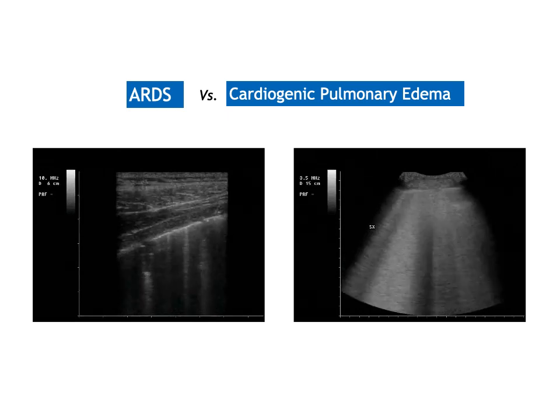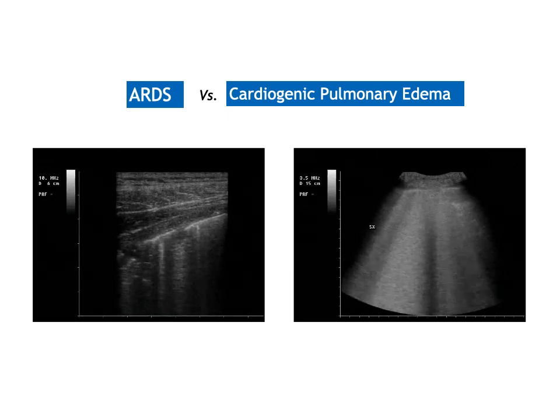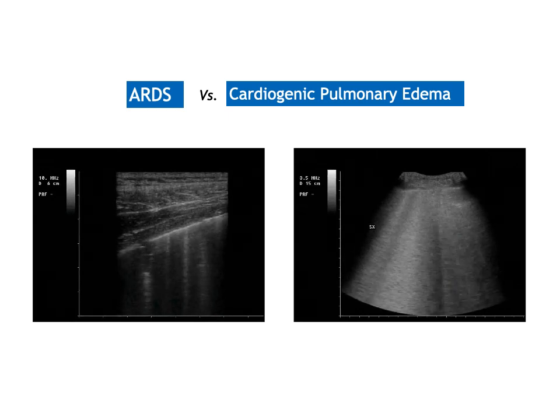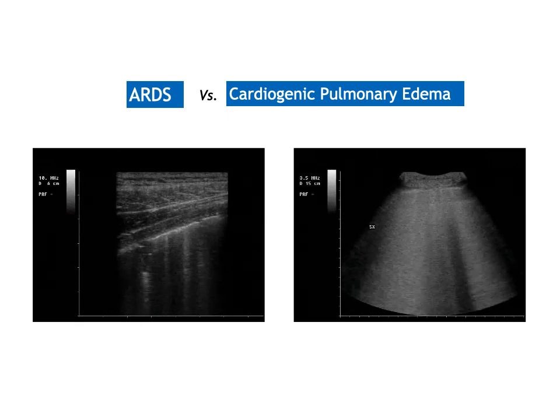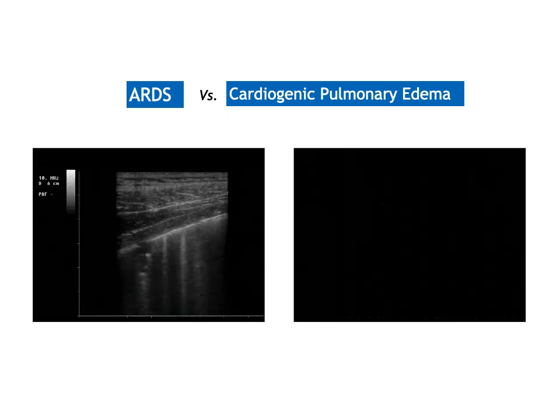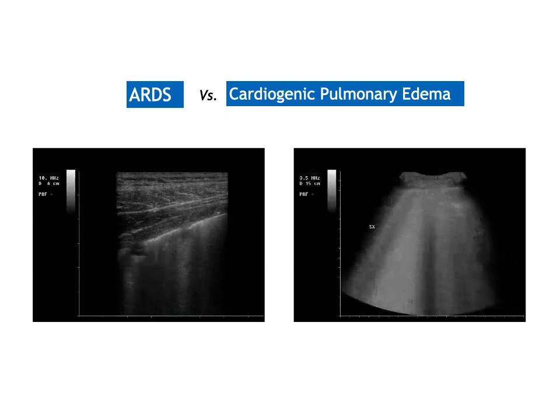These are two videos from different patients. On the left side, this is a linear probe, the vascular probe, as we said earlier, the one we use to scan the pleura: thick pleural line, irregular, and large hypodense subpleural consolidation.